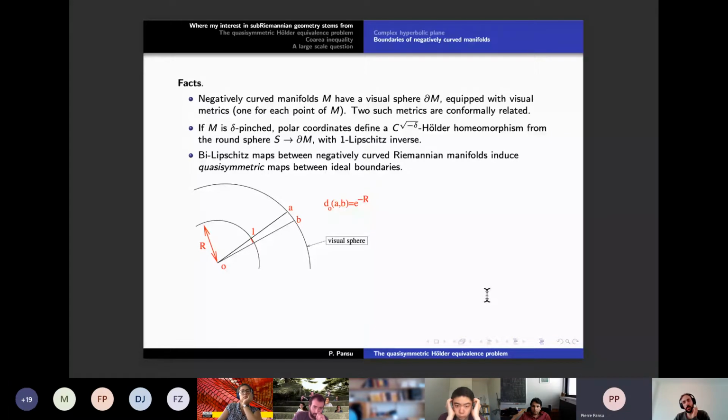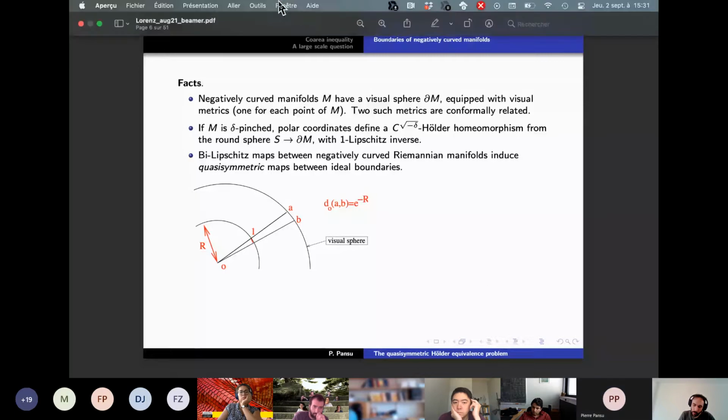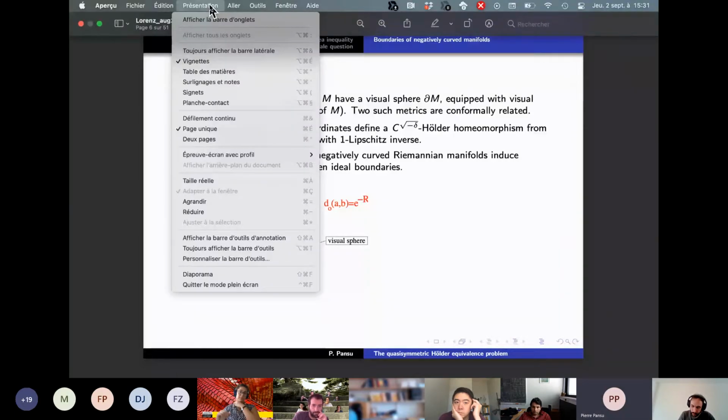Now, if the curvature is not perturbed too much, if it's still pinched, I did not write the definition of delta-pinched here. Let me write it here.